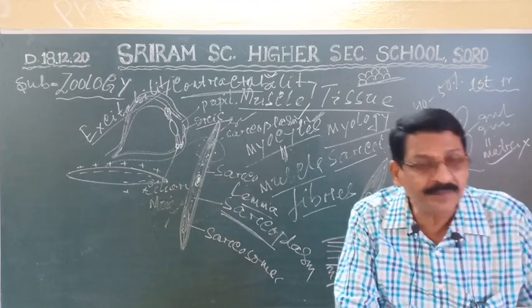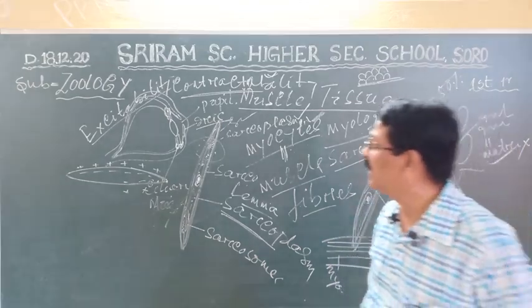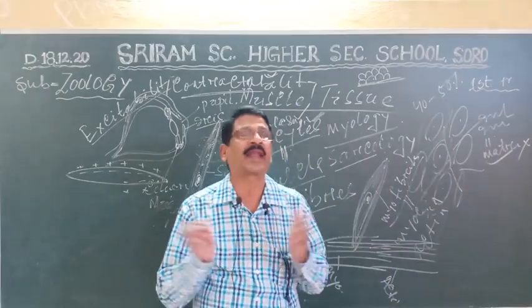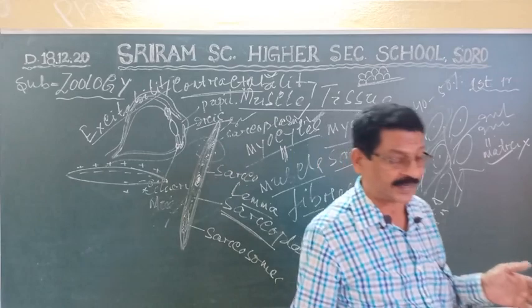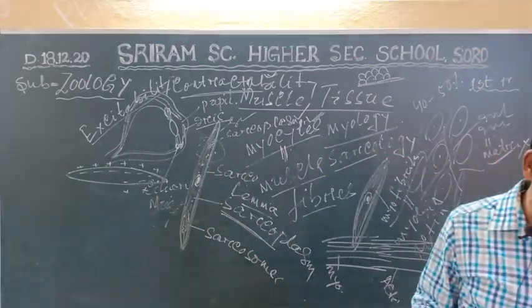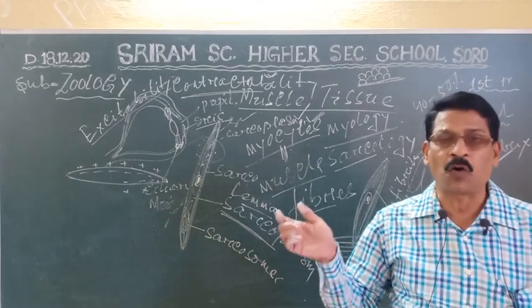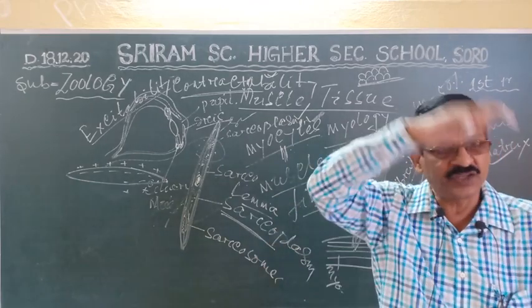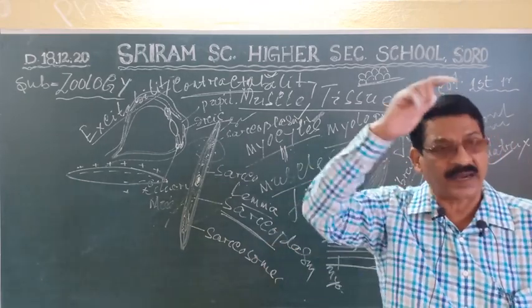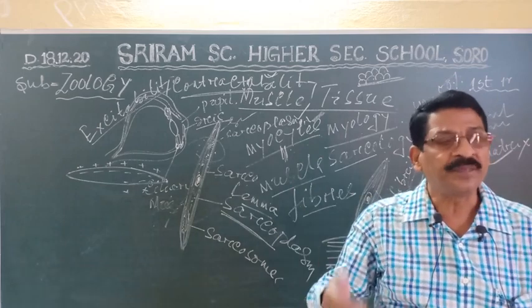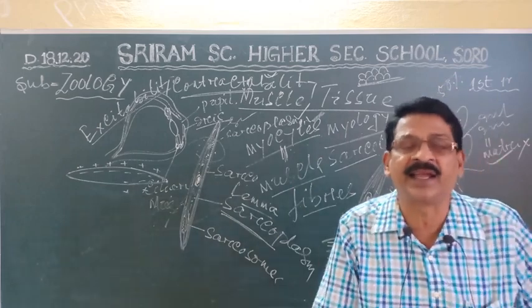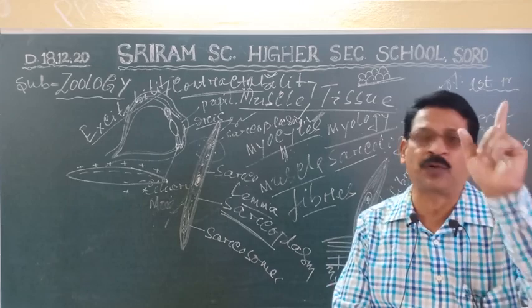Then the muscles contract in a definite direction. The muscle will contract in this way or in this way, but it will not contract in this way and this way. So those muscles which are contracting and relaxing are in a particular direction.